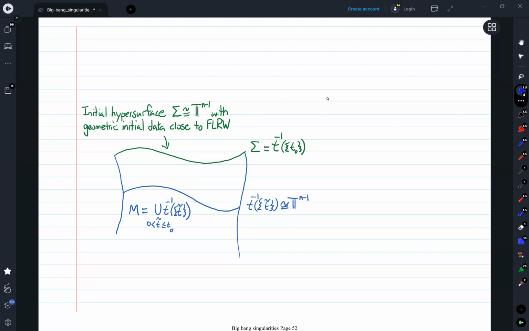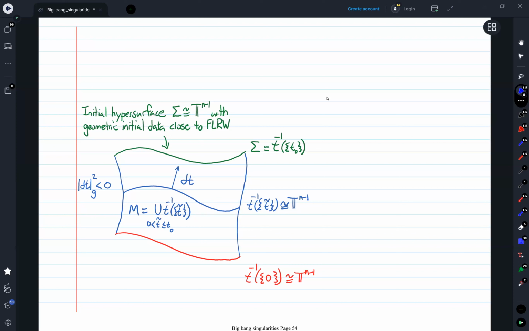Each one of the slices should be space-like, and also diffeomorphic to the starting one. Then you should be able to show that this time function is regular enough that it extends to t equals 0.